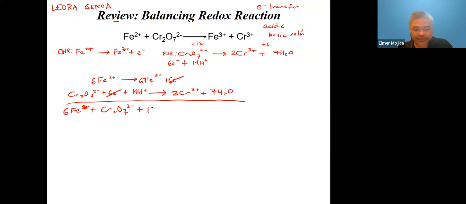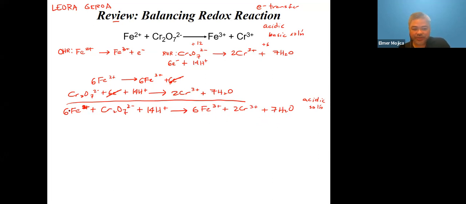Most of the stuff that we're going to have today is just a review doon sa electrochemistry nyo. So ito yung tinatawag natin ngayon, acidic solution. So you double check Fe, Fe6, and then chromium, chromium 2, 7 oxygen, 7 here, and then 14, 14.